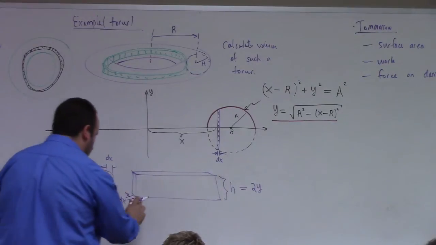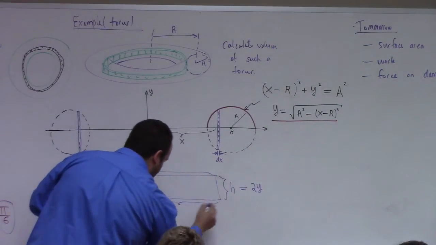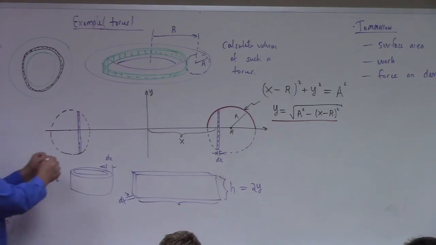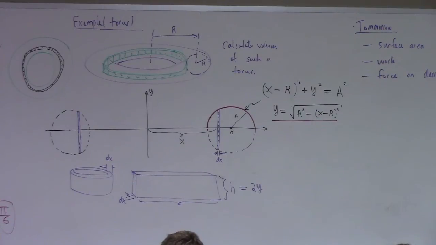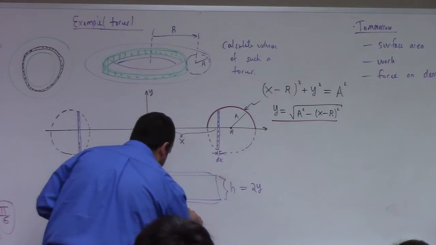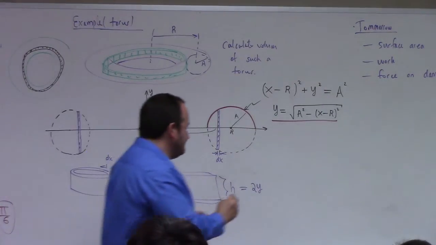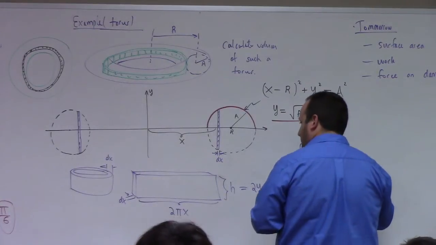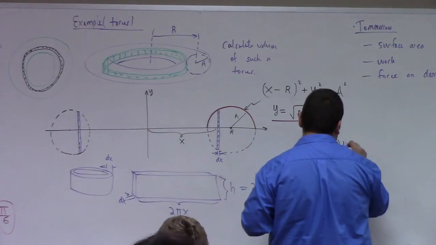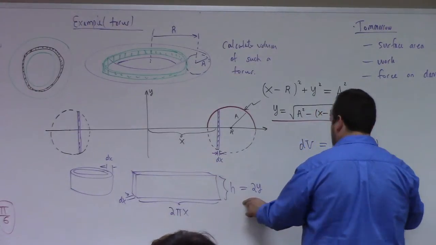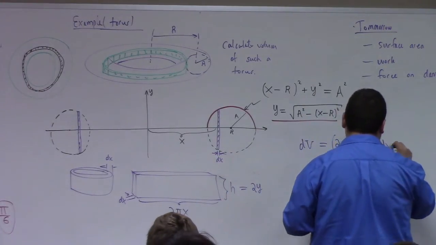And what's the length? You take it, you lay it flat. What's the length? 2 pi x, right. It's the circumference of the circle. So the volume dV is nothing more than 2 pi x times 2y, because that's my height, times my thickness, which is dx.